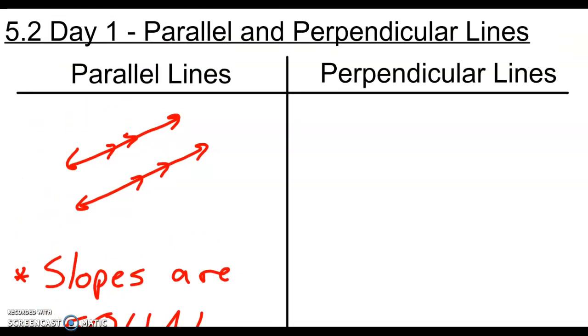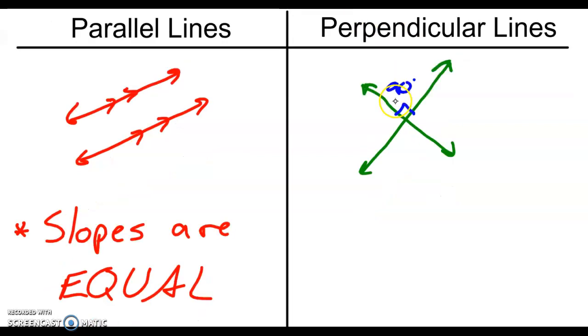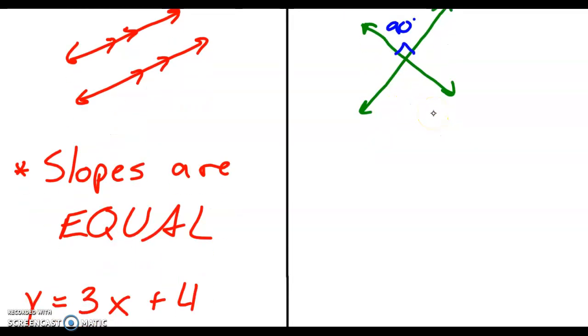So now perpendicular lines, this is where things get a little tricky. A lot of people say that, oh, they cross. Well, yes, they cross, but they're a very special kind of lines that cross. They meet at a 90-degree angle. They make a perfect T. So perpendicular lines look like that. They make that 90-degree angle.